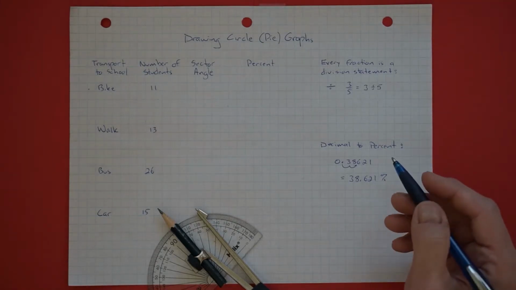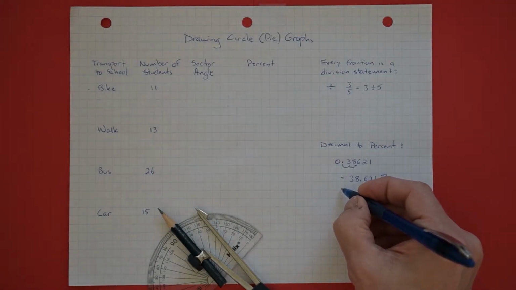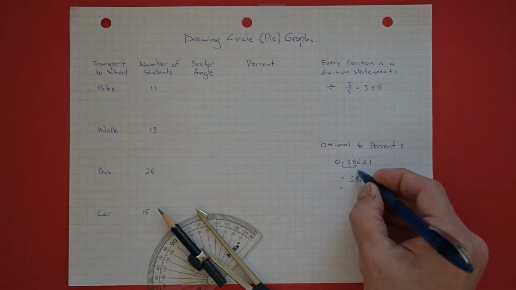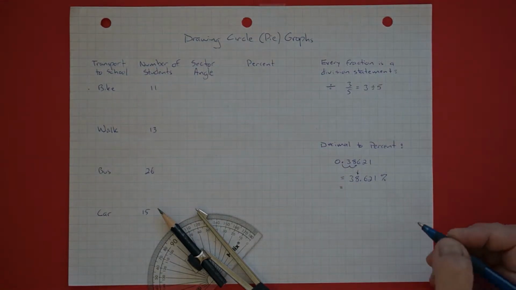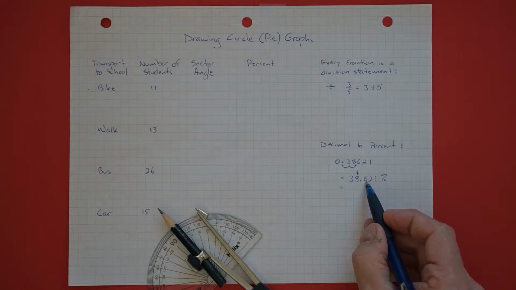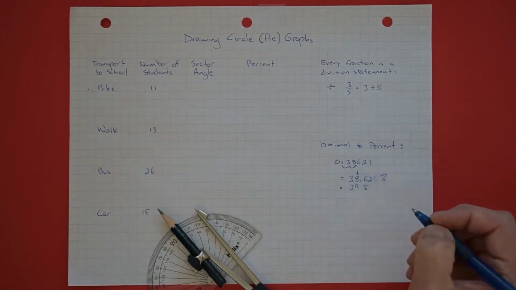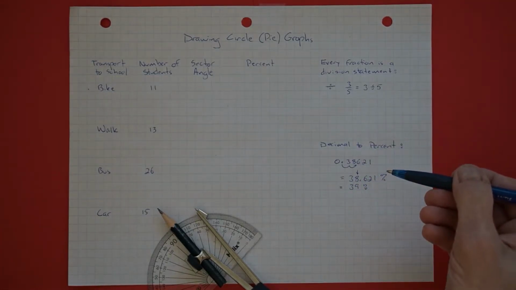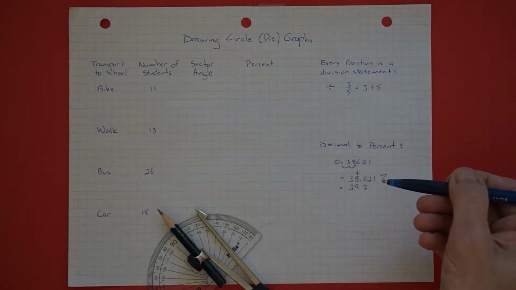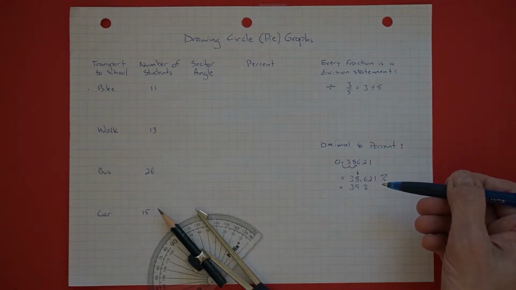So when it comes to doing pie charts, we are always going to change our percentages to the nearest whole number. So we look to the next place after. In this case we have a 6. That means we're rounding up. 5 or higher we round up. Below 5 we round down. So this rounds up to 39%. So these are the two main calculating tools we'll be using as we go to graph our information.